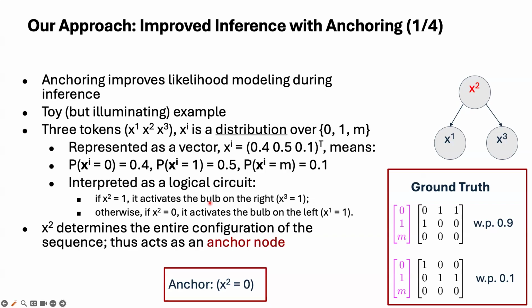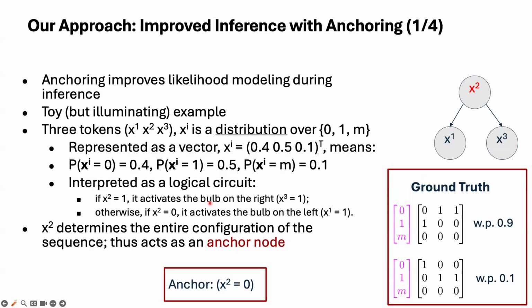This 1, 0, 0 means x2 is equal to 0. So this is the 1 hot encoding of these things. And the model of this is that it exists in one of these 2 states. With 0.9 probability it is in this state, which means it is 1, 0, 0. So 1, 0, 0 is one state, and the other state is 0, 1, 1.